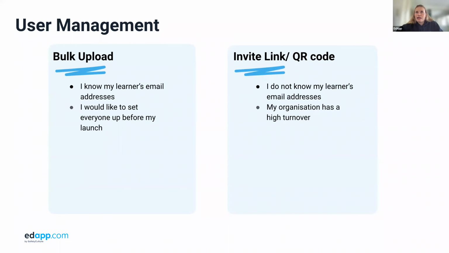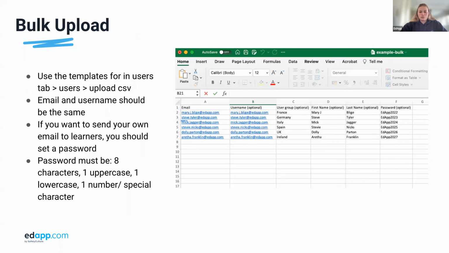The other way is through an invite link or a QR code. This is if you don't know your learners' email addresses and your organization has a high turnover. Whichever one fits better to you, I'd recommend going with that. But if you think the other way would be better, even if it doesn't really fit your organization, then go for that. So let's start with bulk upload.